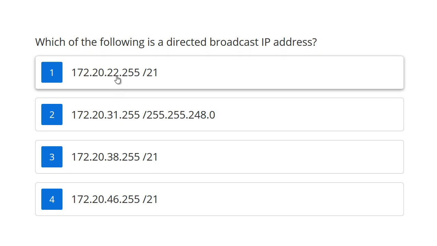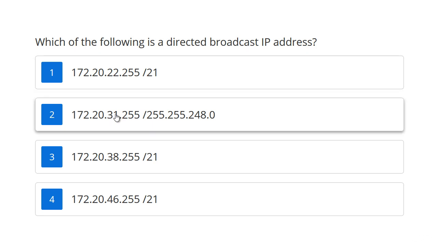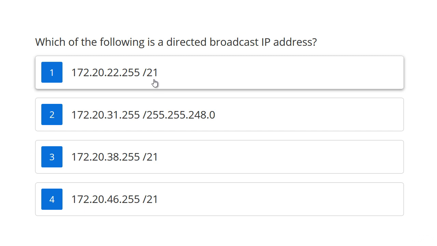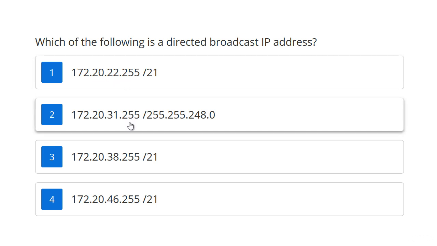One way is we could convert 22, 31, 38, and 46 into binary, which would take some doing. The other way is we could, using /21, subnet 172.20 and get the original subnets and then look at where these particular IP addresses lie.